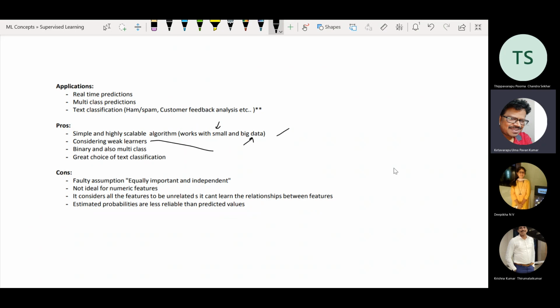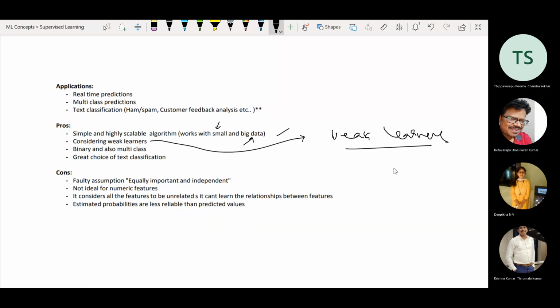The main important aspect is that it considers weak learners; there is no strong or weak, it gives priority to all the things. You can apply naive Bayes to both binary and multi-class classification, and it is a great choice for text classification. Preferably, you can use it for text classification as a first priority.